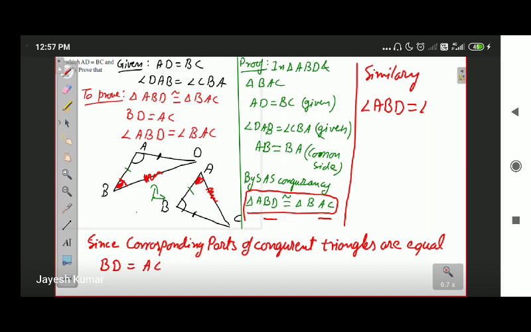See, the positions of B and A are the same in both the triangles. Okay, so these two angles are equal as well. Fine. So that way we have proved all the parts.